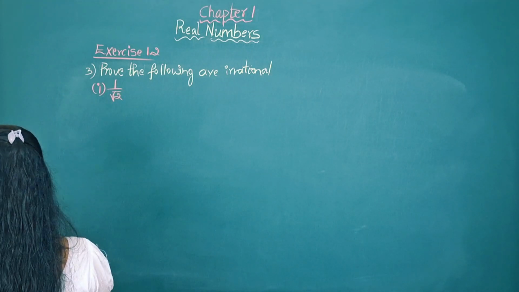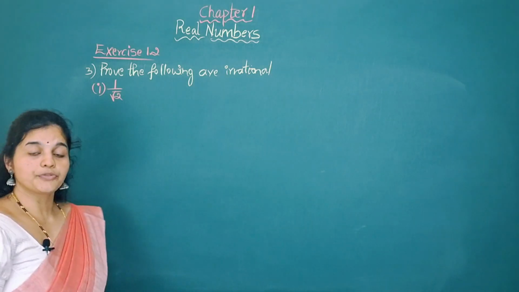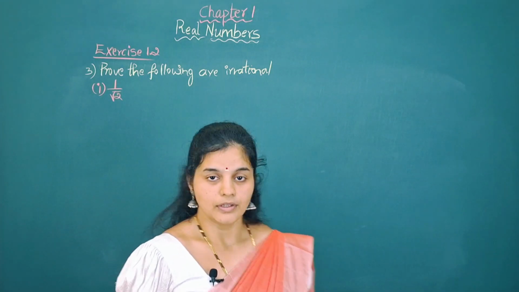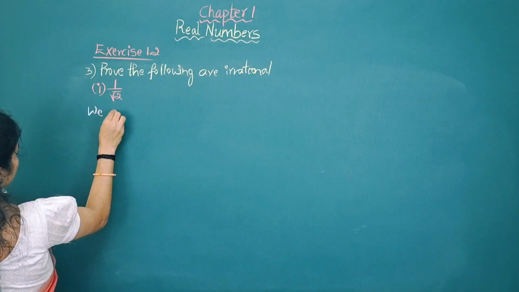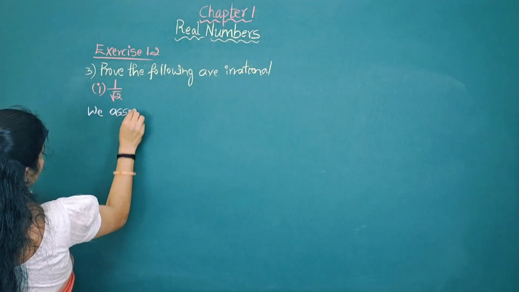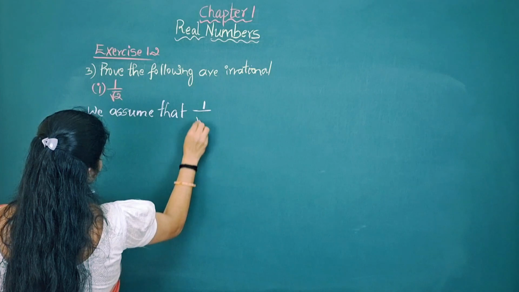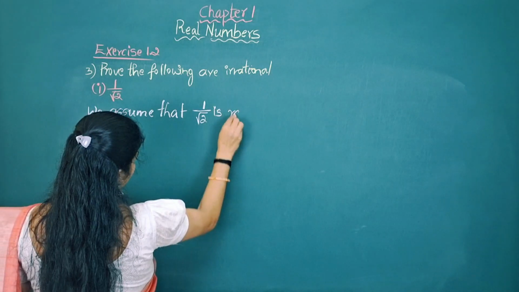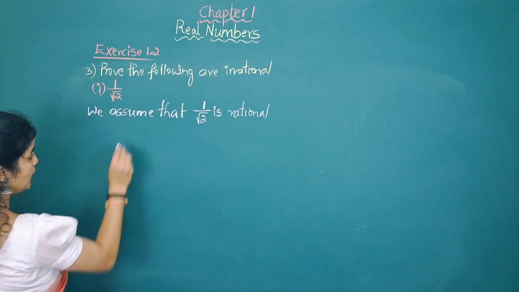Now we have to prove this is irrational. So what we are going to do? As usual, contrary assumption. We assume that 1 by root 2 is rational.